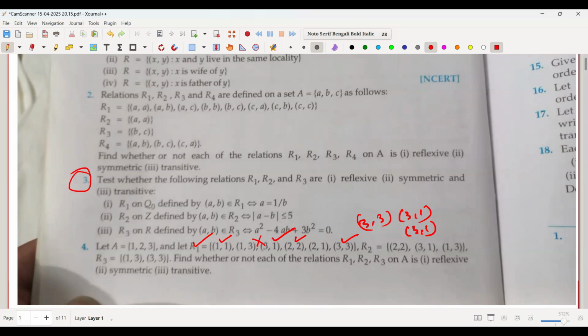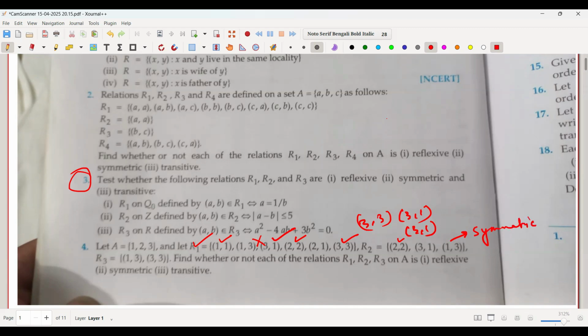R2 is not reflexive because 2 comma 2 is there and the other 1 comma 1 and 3 comma 3 are not present, so it is not reflexive. 3 comma 1 and 1 comma 3 is there and 2 comma 2 is there, so this is symmetric. And 3 comma 1, 1 comma 3 is there but 3 comma 3 is not there, so it is also not transitive. So this is symmetric only.